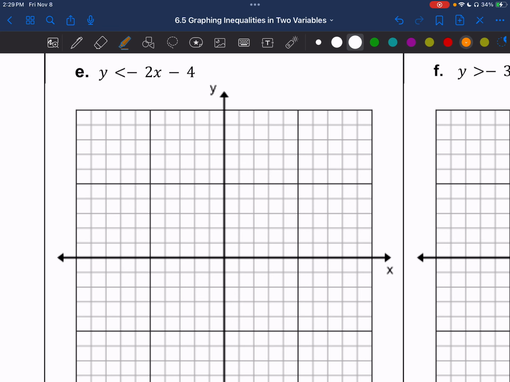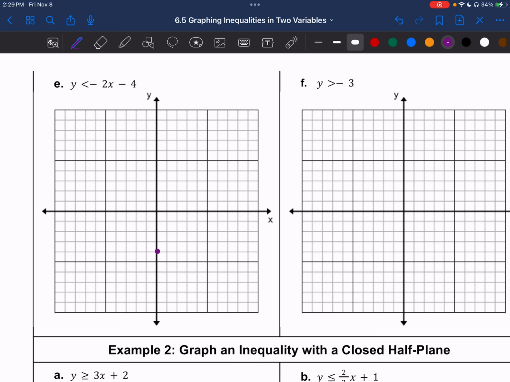All right, letter E. Y is less than -2x minus 4. So we're going to start off with points at -4. And our slope is -2, so we're going to go down 2 and to the right 1 each step. And when we do that, we have our line. And now I'm going to substitute in my test point, which is 0, 0.